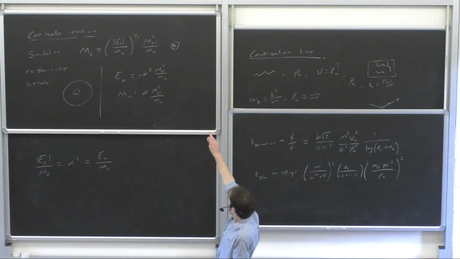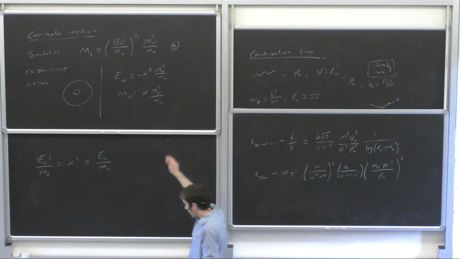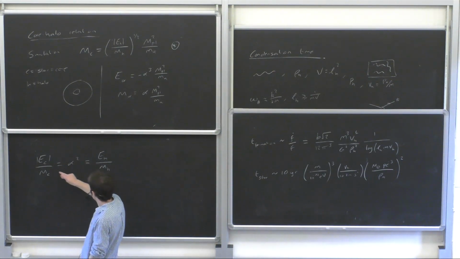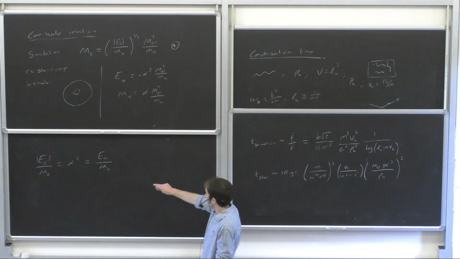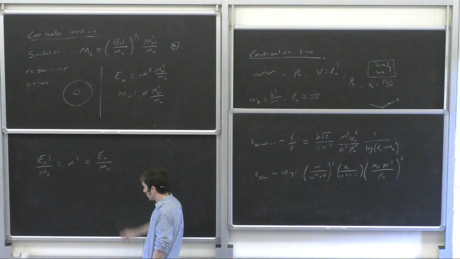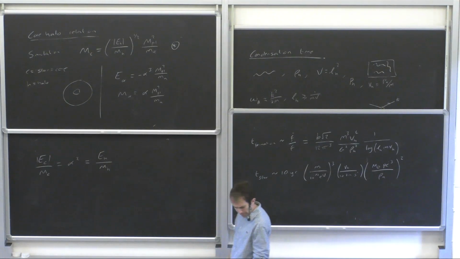And what the claimed relationship between the core and the halo reduces down to is the statement that the energy of the axion star divided by its mass is equal to the energy of the halo divided by the mass of the halo.